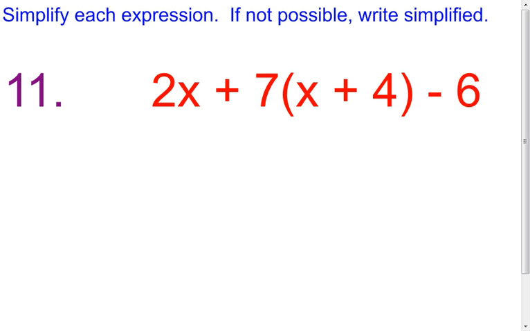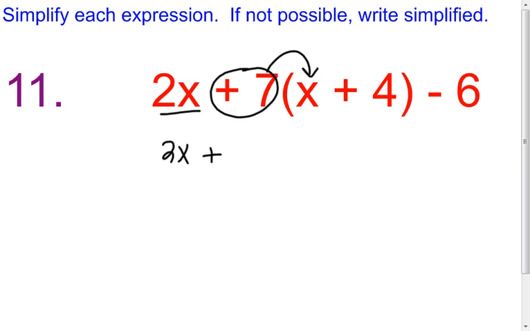All right, now we're going to combine a little bit of the distributive property and combining like terms. So when I get to this problem here, obviously you have this 2x that I'm not going to touch right now. But I have this quantity in parentheses that I need to distribute. So I have a positive 7 right here that I will distribute through.